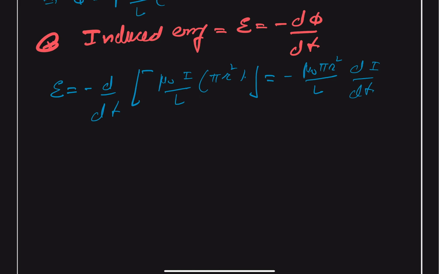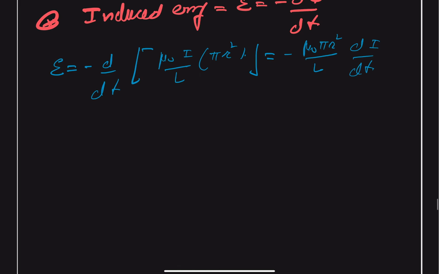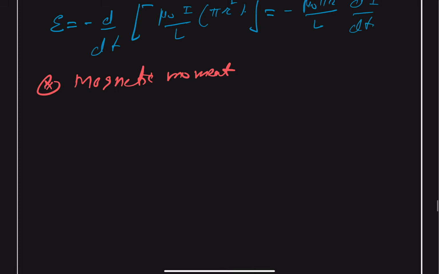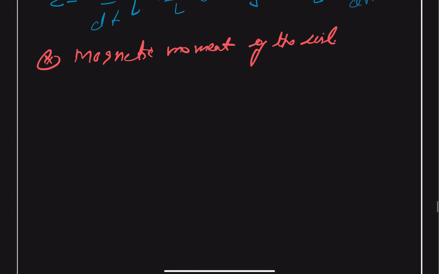Now we are interested in the magnetic moment. The magnetic moment of the coil, if it is represented as small m, is equal to the current multiplied by the area. We substitute the value.